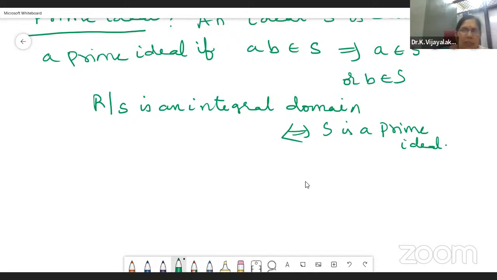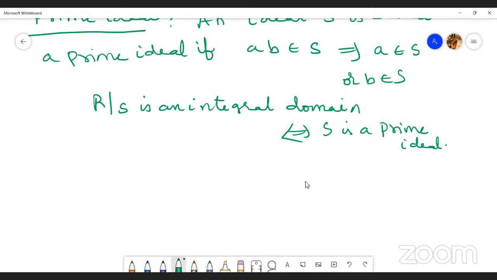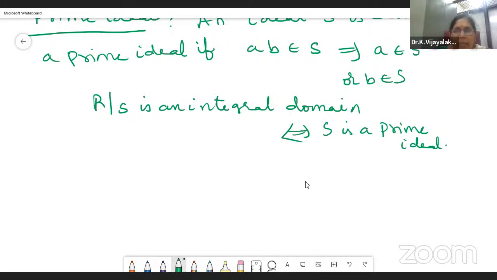A commutative ring with unity is called a field if each non-zero element possesses an inverse. A commutative ring with unity is called an integral domain if it has no zero divisors.